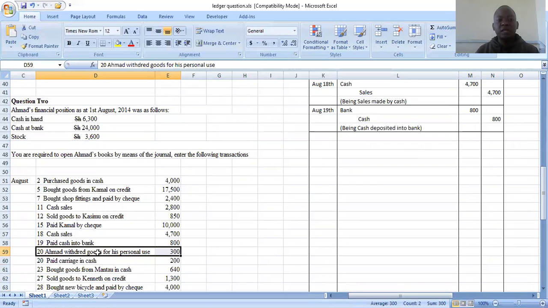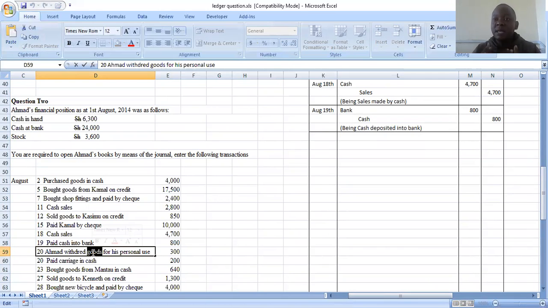So in this case, he withdrew goods for his personal use. When the owner withdraws goods for his personal use, we post that in the purchases account. Because in this case, the purchases will be decreasing, and purchases being an expense that is decreasing, we are supposed to credit the purchases account.